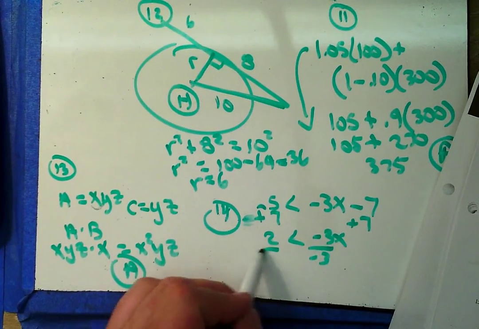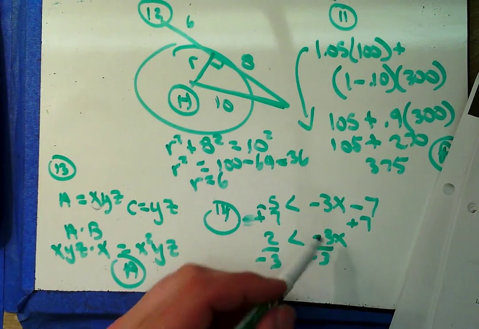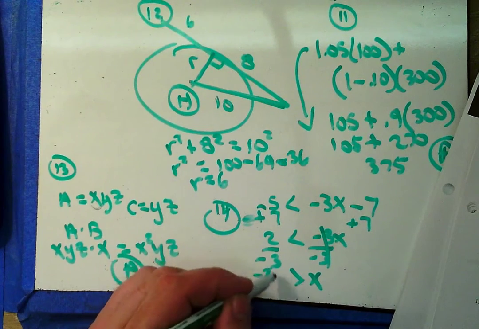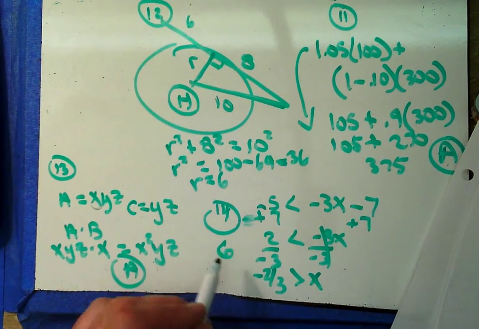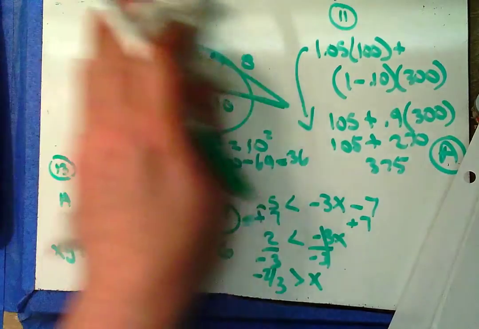We need to divide by negative 3. Remember, when you divide or multiply by a negative in an inequality, you have to change the direction of the inequality. And so we get x is less than negative 2/3. X is less than negative 2/3 is choice G. G for number 14. Let's take a look at 15.